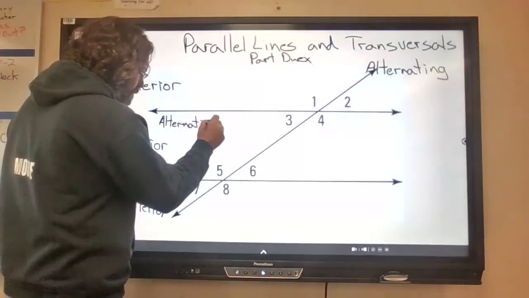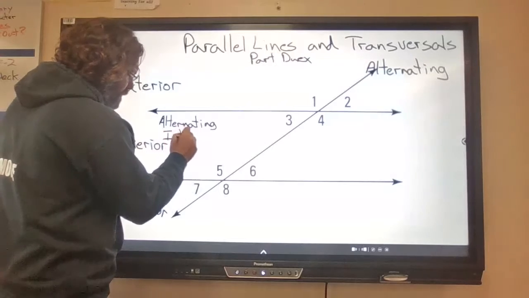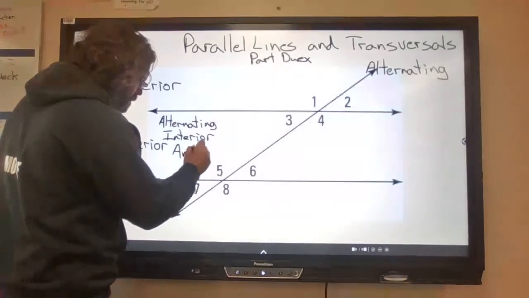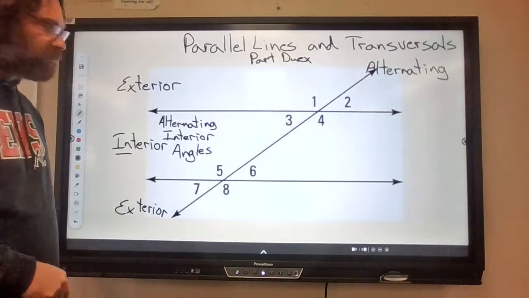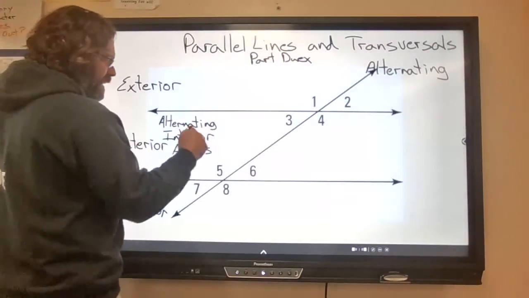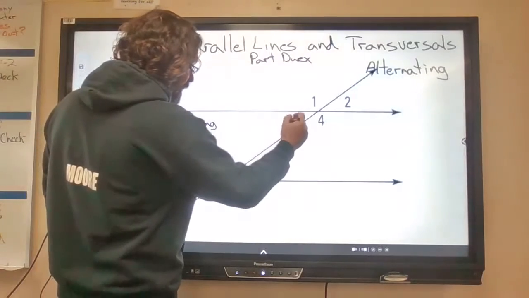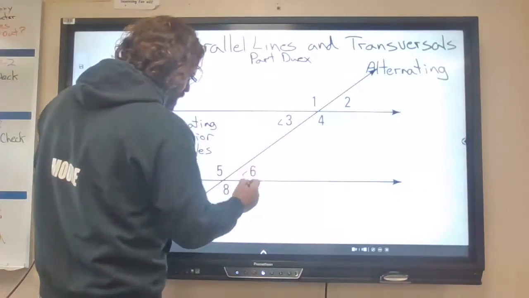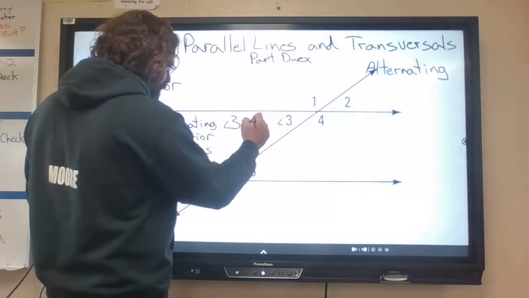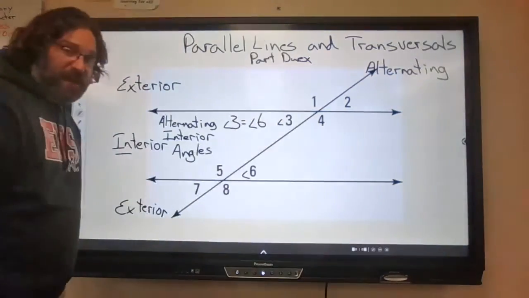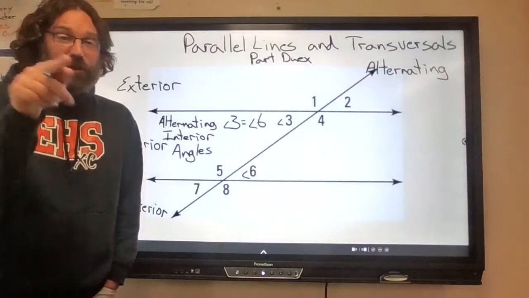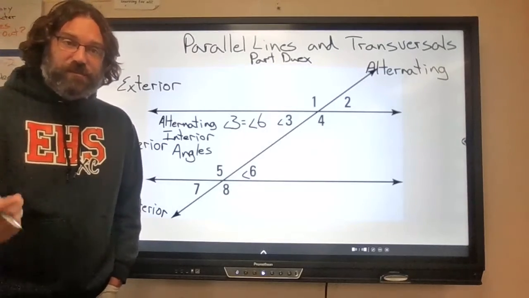I've got two sets of those. Alternating means opposite sides. Interior means it's in here. So it automatically says angle 3 and angle 6, and it's telling us that angle 3 and angle 6 are equal to one another.